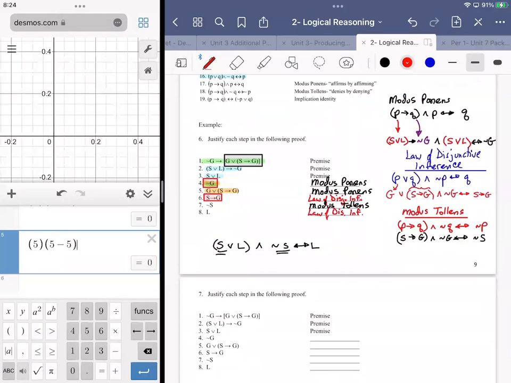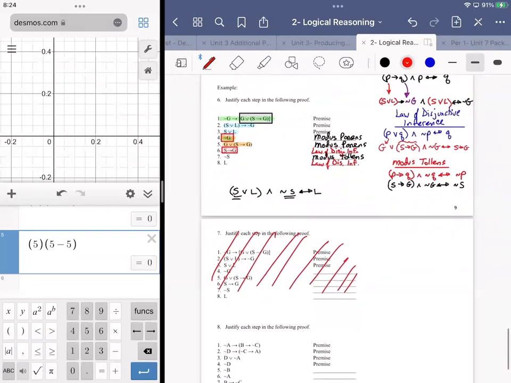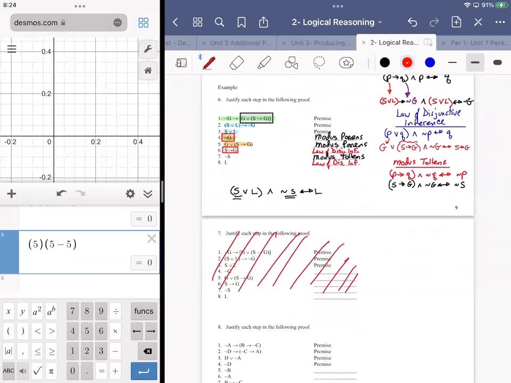The next example, for some reason, is an exact duplication of the one we just did. That's good news or bad news, depending on how you look at things. But again, they're laws. It's referencing laws.